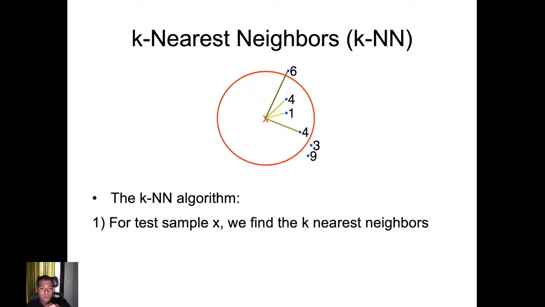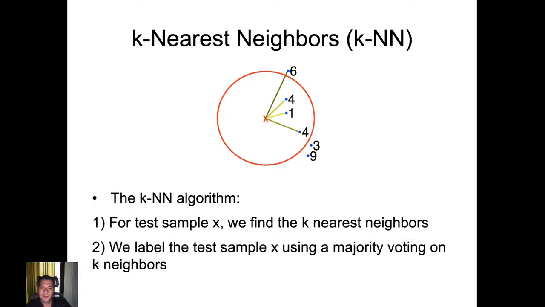Then you sort the distances by their magnitude, and you take the examples that correspond to the smallest distances. In the second step, once you have the k nearest neighbors, you can apply a majority voting to obtain the label for your test sample.